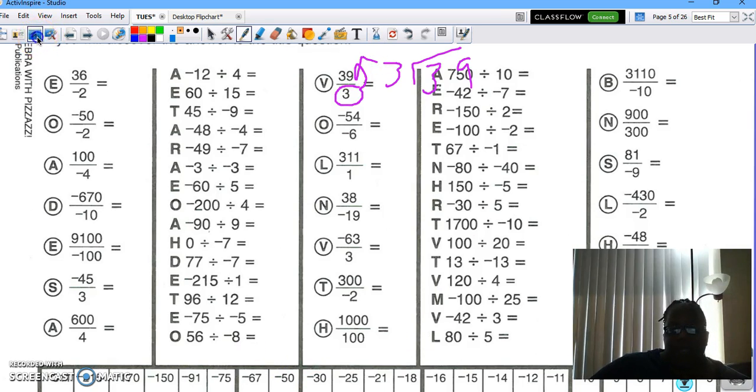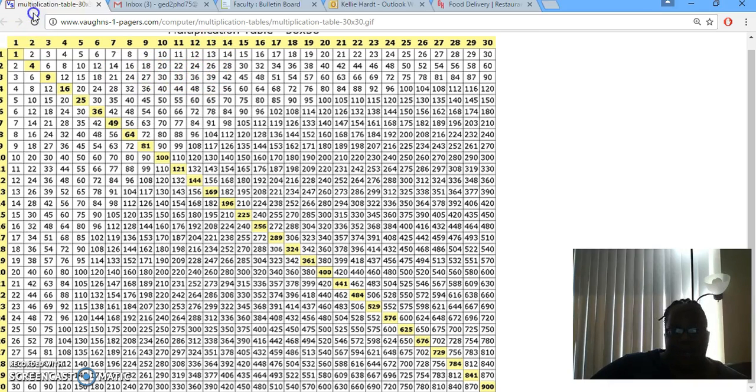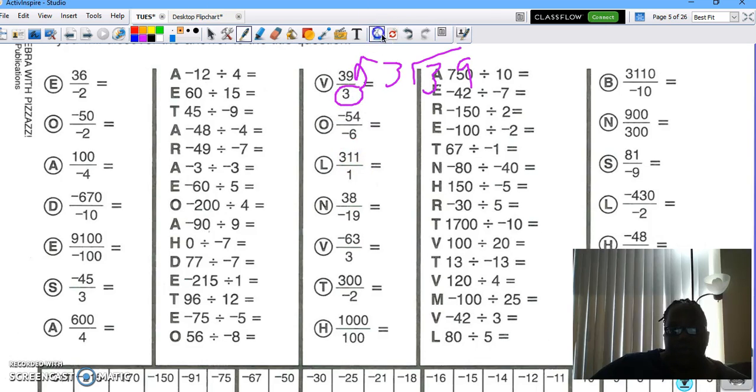Let's go look at the multiplication. 3 and 39. 3 will go into 39 13 times. Okay. So my answer here will be 13. Okay? And I had a positive divided by positive. So I know my answer is positive. So you should be able to find 13 down here somewhere and put AB. Okay? So that's how it goes.